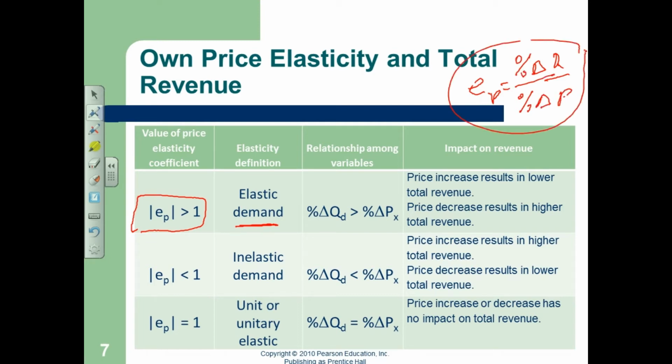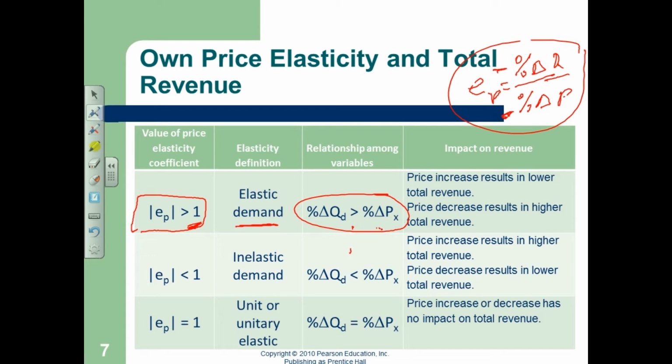This is the elasticity. So when this is greater than 1, that means the numerator is greater than the denominator. So percentage change in QD is greater than percentage change in price, okay? So a little bit of change in price will bring about a big change in quantity demanded.